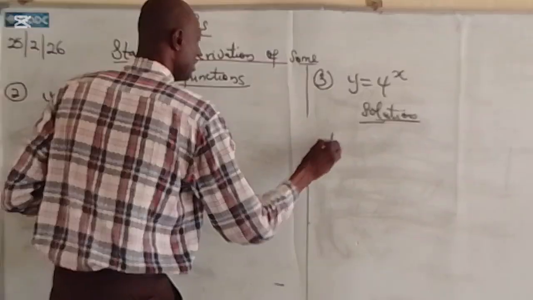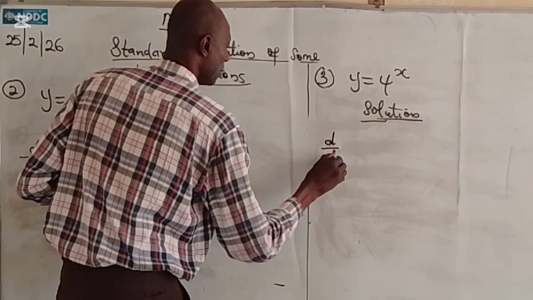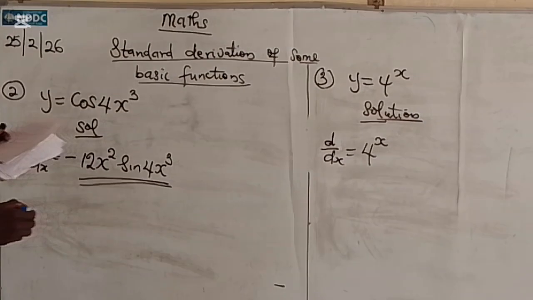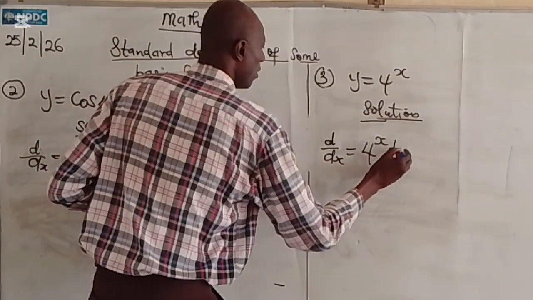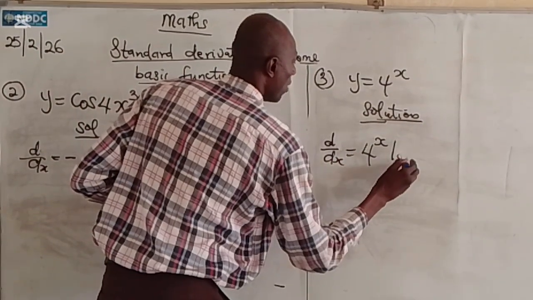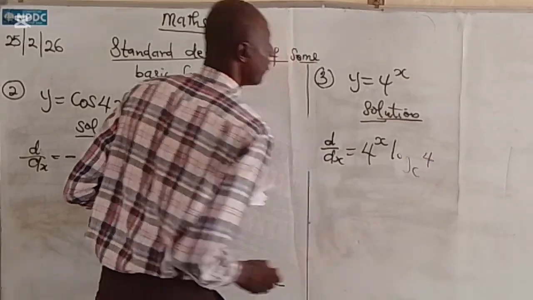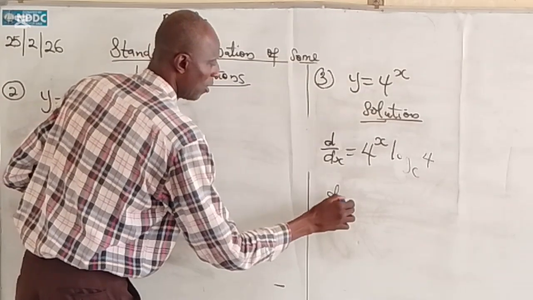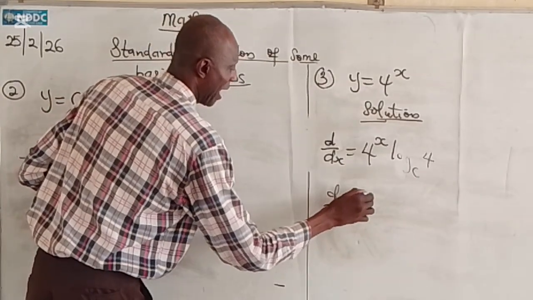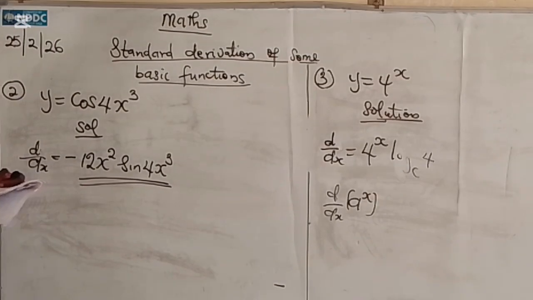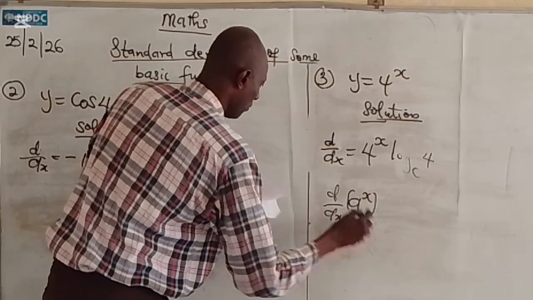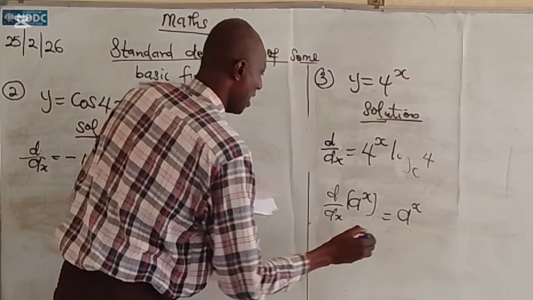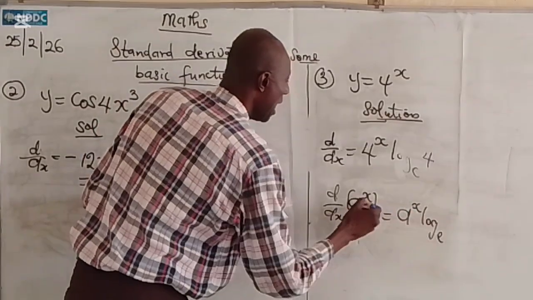Okay, that is dy over dx, which equals a raised to the power x log base e of a.